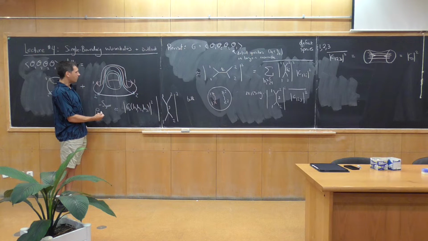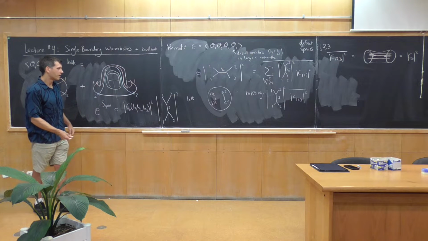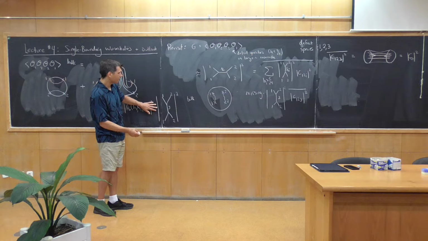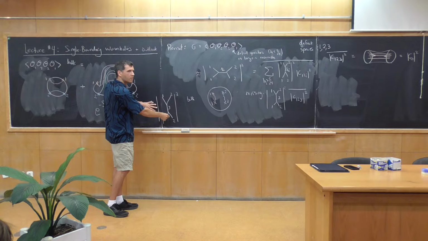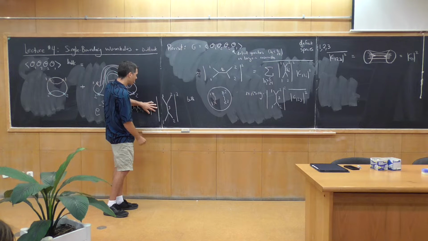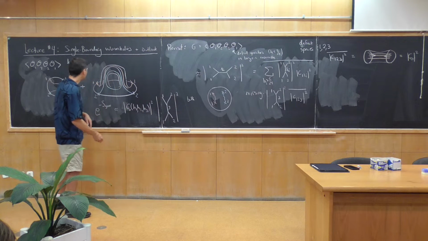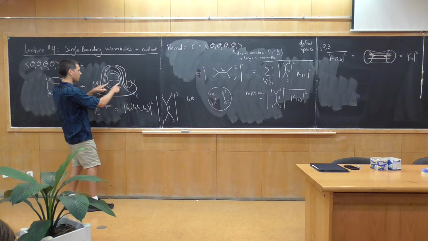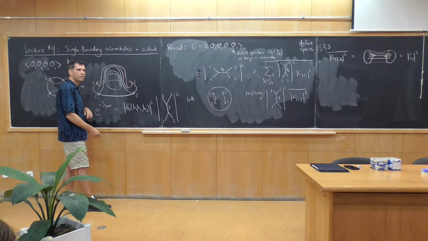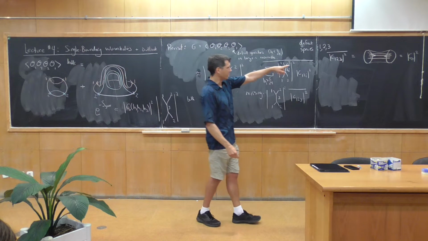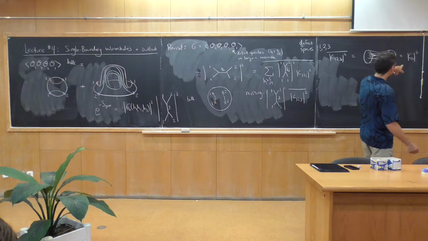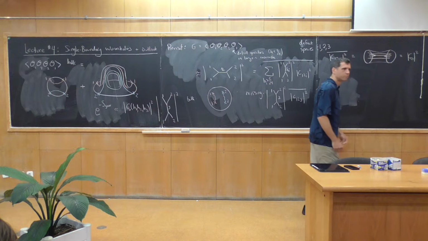And the way of doing that is just by looking at what's running in this cut. That calculation, just looking at this monodromy problem, gives you this part of the action. It doesn't fix the constant for you. So now you have the block up to a prefactor. And then you can take a limit where these things become very far apart in order to fix the prefactor. And when you take these very far apart, it just gives back this diagram. So then you can borrow the result of the wormhole to get C0 squared.